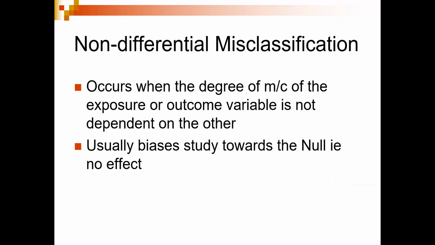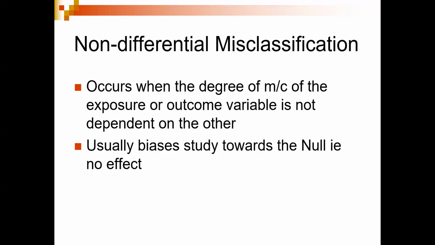Then for non-differential misclassification, this occurs when the degree of misclassification of the exposure or outcome is not dependent on each other. That's non-differential. They don't depend on each other. I'm trying to think of an example. Maybe I'll look for an example to really explain this.